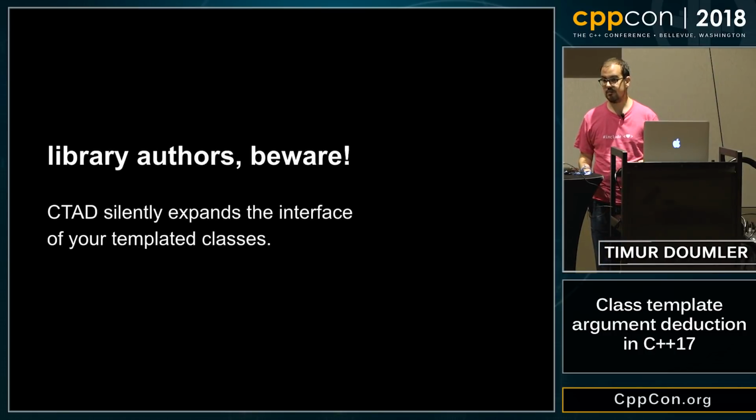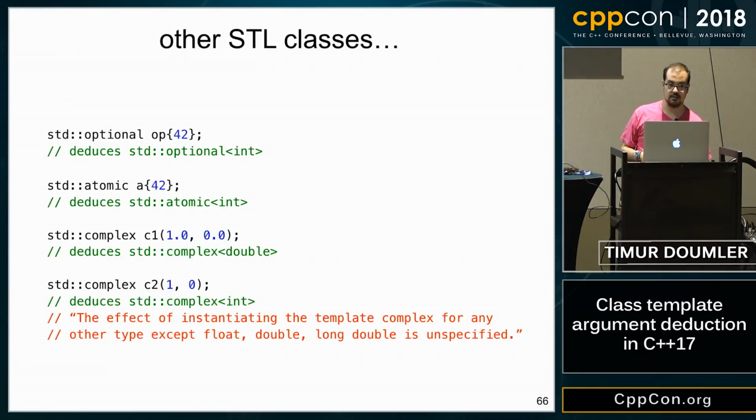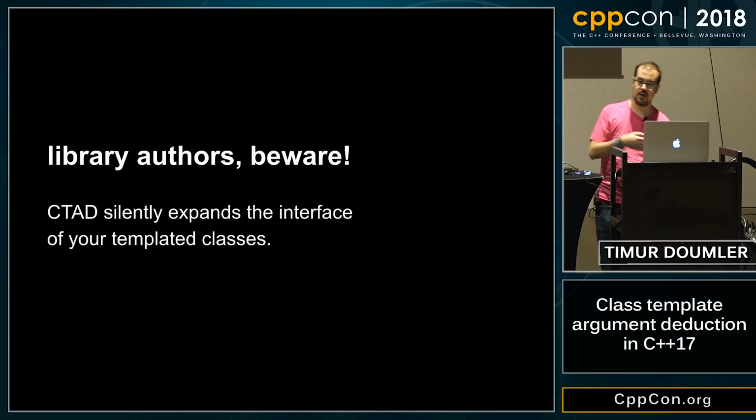You didn't change anything in your library at all. Your users get CTAD, all of a sudden they can omit the template arguments. And sometimes, like with the StatComplex there, what happens may or may not be what you actually intended. So sometimes it may make it easier to use your class template interfaces incorrectly.